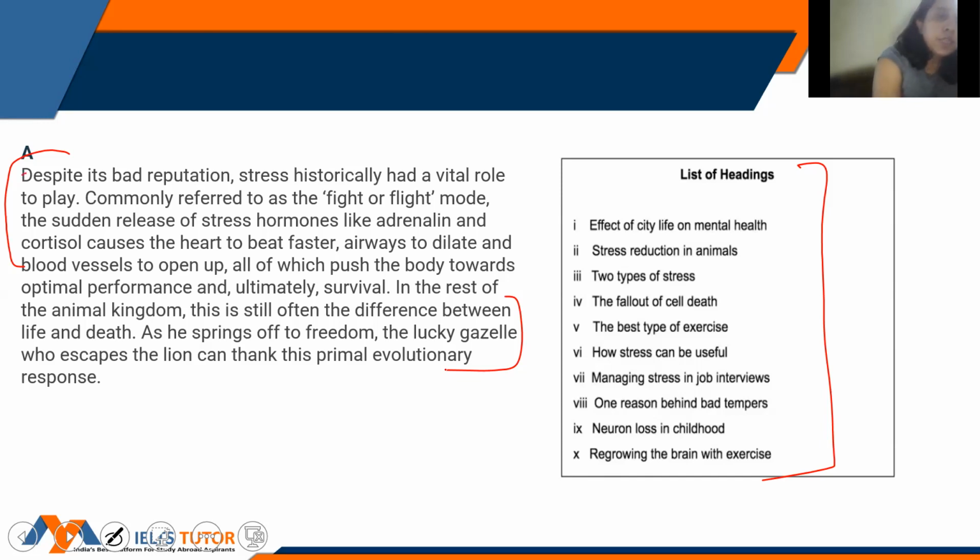Now here, despite its bad reputation. Words like despite, on the other hand, even though, although, these are very important words. It means they will be contradicting what they are saying. Despite means बावजूद, bad reputation के बावजूद भी, stress historically had a vital role to play.